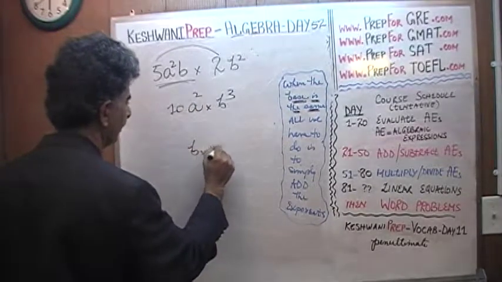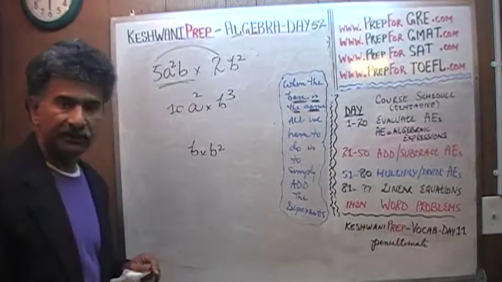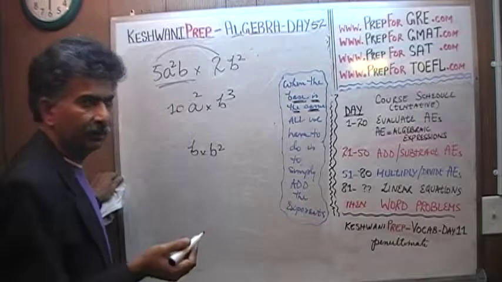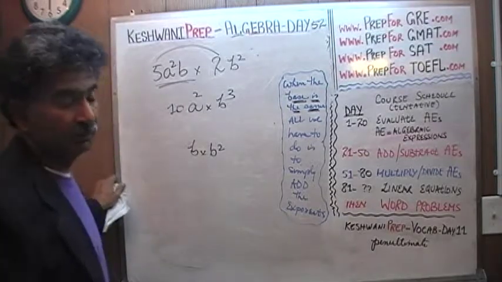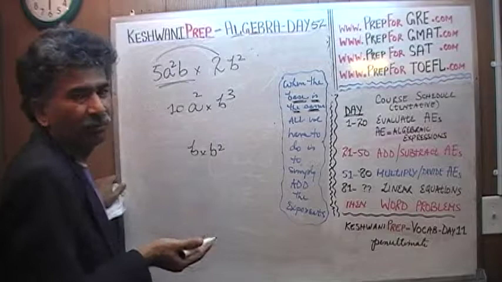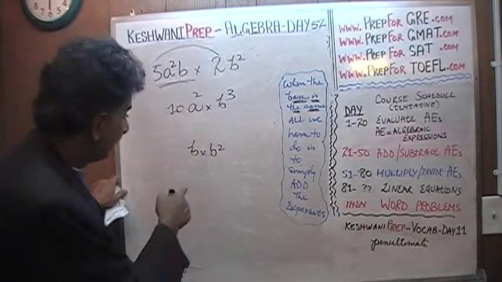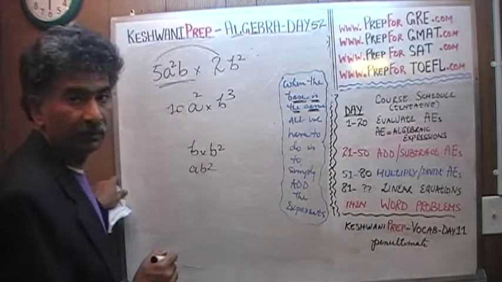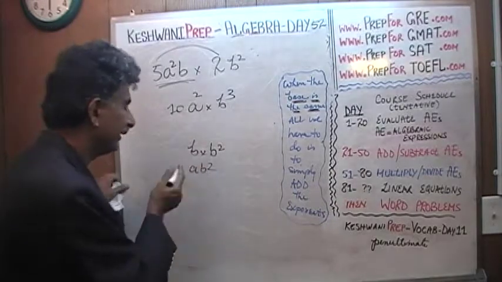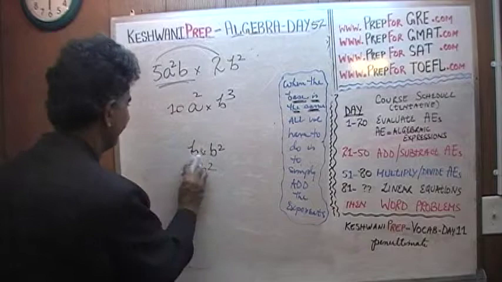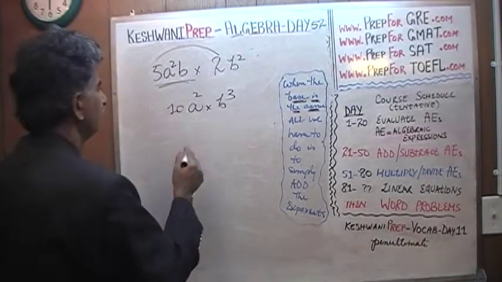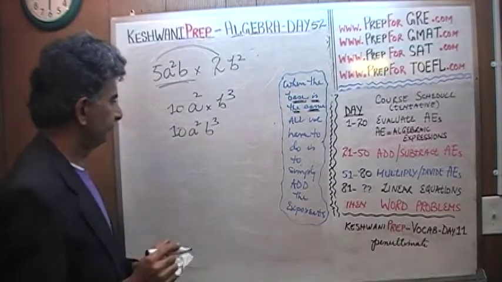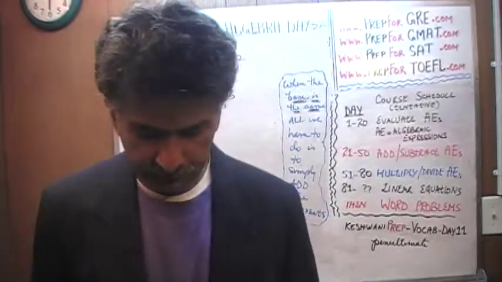I said B times B squared because we are learning right now, so I slow down. Here you wouldn't say B B squared because it sounds weird. Had it been a different letter, it would have been okay to say A B squared. But since it's the same letter, B times B squared. You have to be a little flexible. So it is 10 A squared times B cubed.